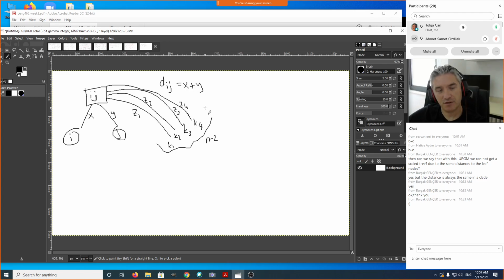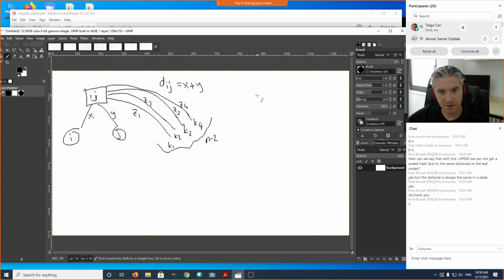Okay, I'm just going to now write an equation here, which is one of the formulas that we're going to have. Let's look at the summation of all the distances from i to the rest. For example, what is the distance from i to j, i to k1, i to k2?